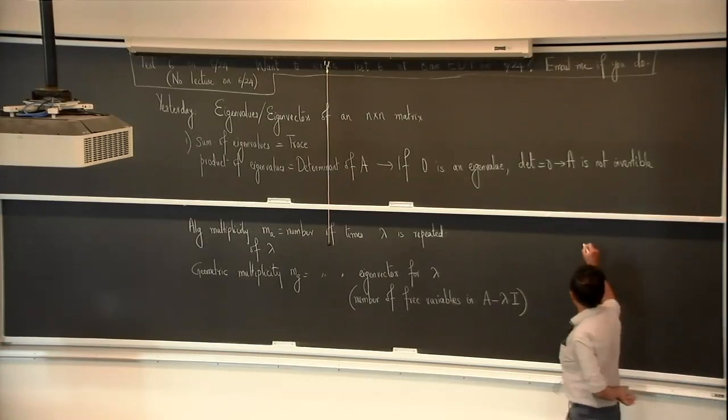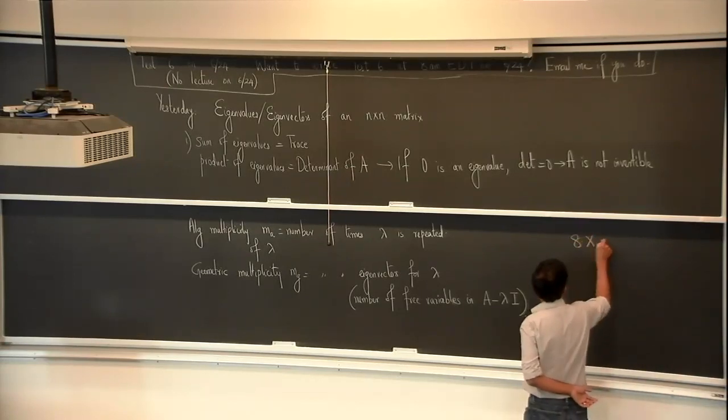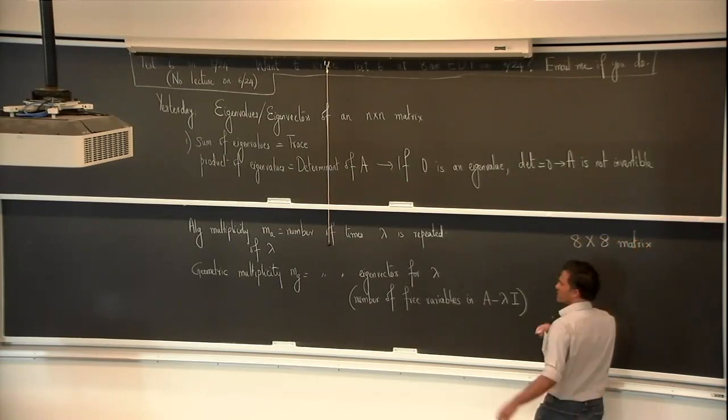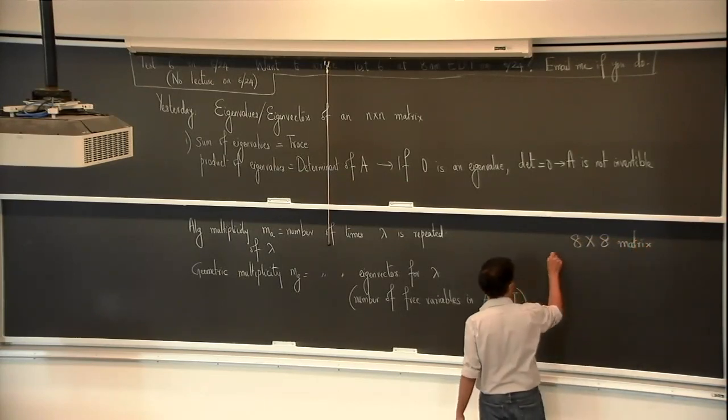Okay, so suppose you have an 8 by 8 matrix that somehow it simplifies into the following characteristic polynomial.